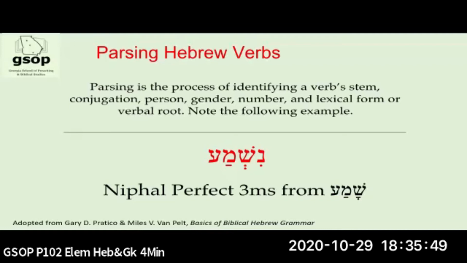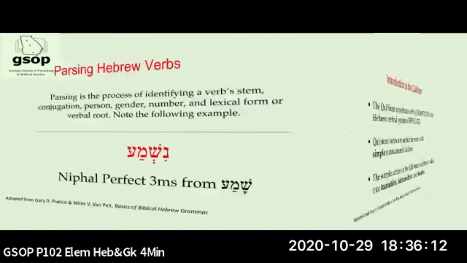We'll go over that tonight, from the lexical form shama. And I think shama means, I forgot now. I want to say 'to hear,' but I don't think that's right. I can't remember now. I'll have to look it up.